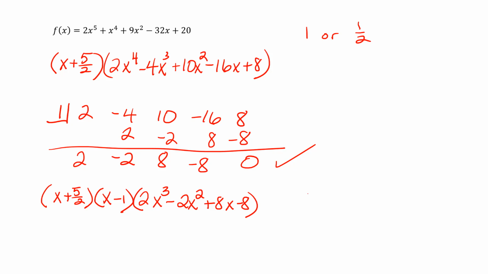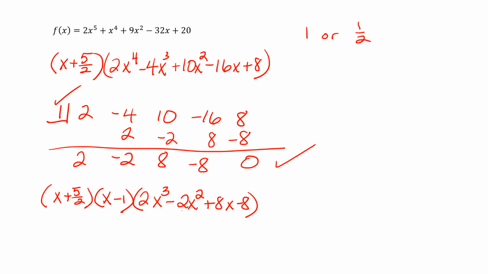Now, on the previous page, we found out that there have to be either 2 or 0 positive real zeros. Well, we just found one positive real 0, so there can't be 0, so there must be 2. So it means there must be one more positive real 0. So that could be 1 or 1/2. 1 could be a 0 of multiplicity 2, or 1/2 could be a 0.